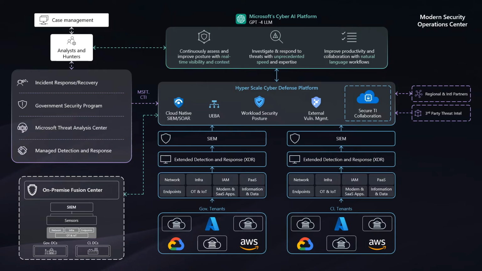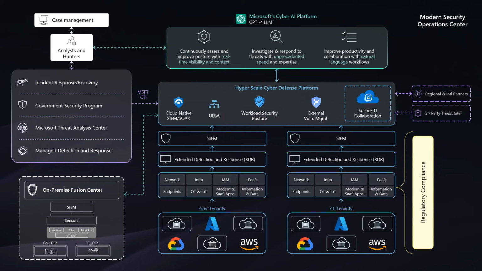So potentially I would work with a partner or a security service provider to do managed detection and response, to bring to my analysts and hunters the most important, highly critical incidents that they should be focusing on. And then lastly, I need this hyperscale modern platform to report on and continuously help me address regulatory compliance needs that I may have in this particular environment.